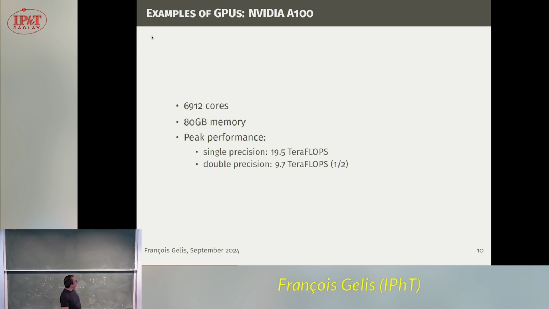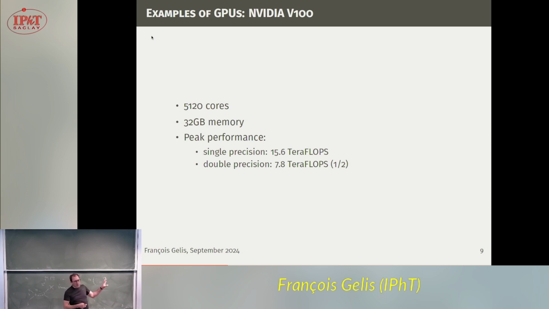This is a slightly newer generation of GPUs. It has 7,000 computing cores, 80 gigabytes of memory, and now the peak performance is about 20 teraflops. One thing I didn't mention, which was also true of the previous one, is that the gap between single and double precision for those GPUs is only a factor of 2, not the factor of 32 for the GPU in my laptop.